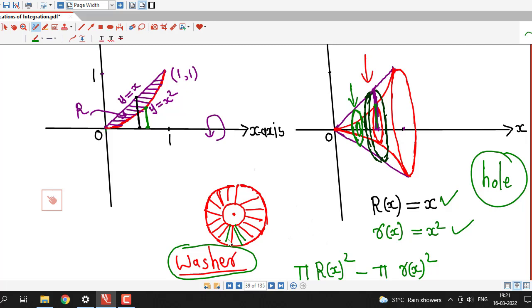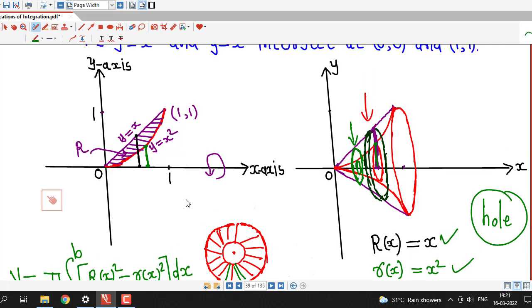So the area of that washer is the area between two circles, that is the area of the outer circle minus the area of the inner circle, and the volume is given by pi times the integral of outer radius square minus inner radius square. The integral is with respect to x between given limits of x. So in general we will consider x from a to b.